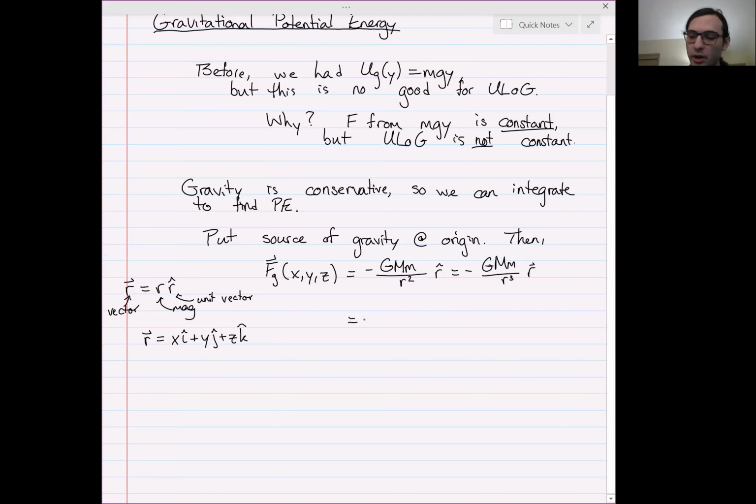So writing this out, we get minus GMm divided by x squared plus y squared plus z squared to the 3 halves, because you have to take a square root and there are 3 r's. And then we multiply that by the vector x i hat plus y j hat plus z k hat. And so that's what our force is in terms of x, y, and z.